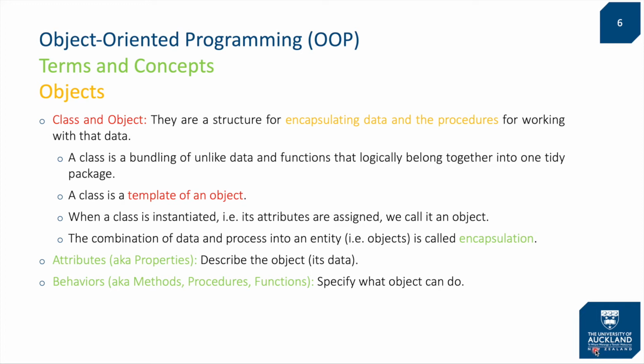Basically, we list all the data fields and operations, or attributes or properties and behaviors, methods, or procedures in the context of this entity in our system, and we label that as a class. For example, we labeled it student. And then an object becomes an instance of that student class.